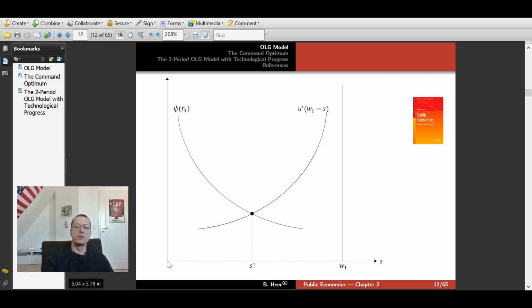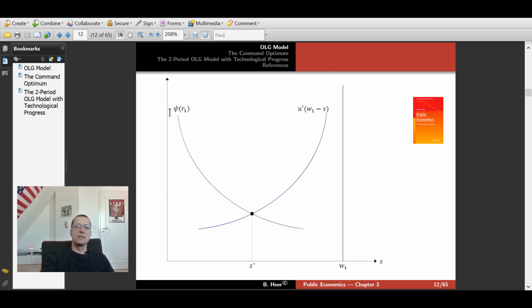Notice that we have restricted savings here to be at least 0, because if savings fall to 0, then we do not have next period consumption at all. And this would, of course, not be optimal, because then the marginal utility of next period consumption is infinity. And of course, it makes sense to reduce consumption today, save more, and increase consumption in the future.